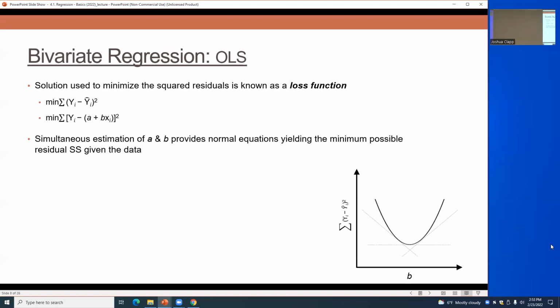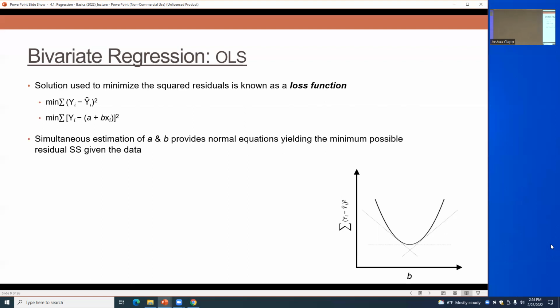My expected value of y is defined by my regression equation: the expected value of y is equal to a plus bx. So if I plug my regression equation in, what I'm trying to do is minimize this function.